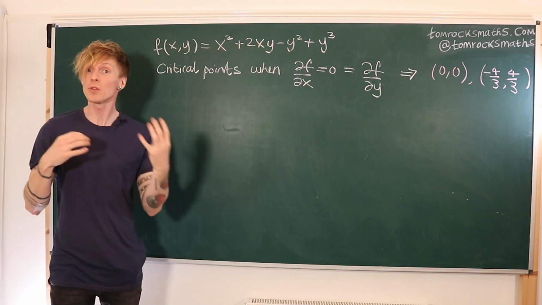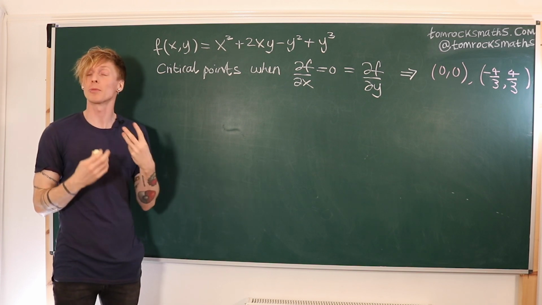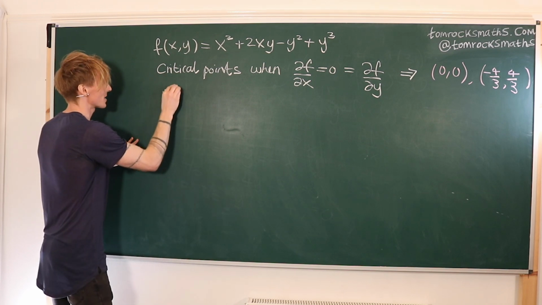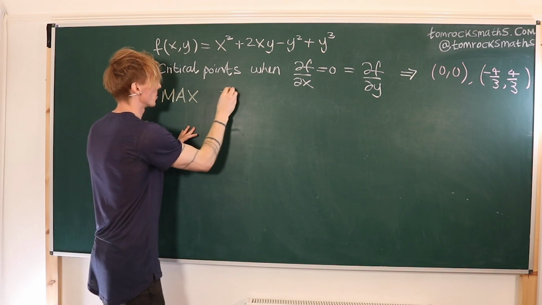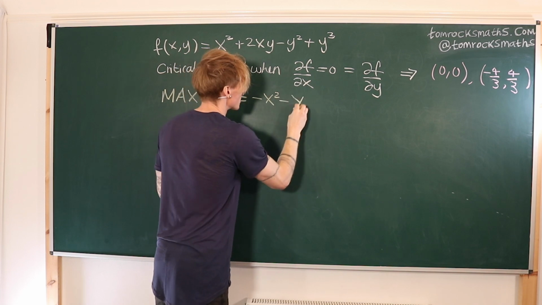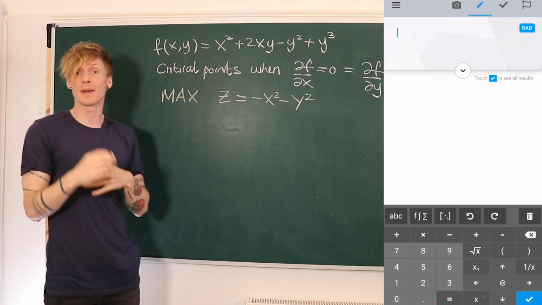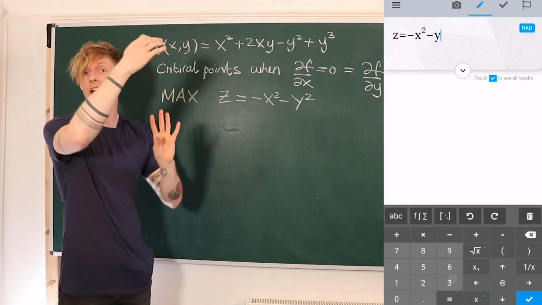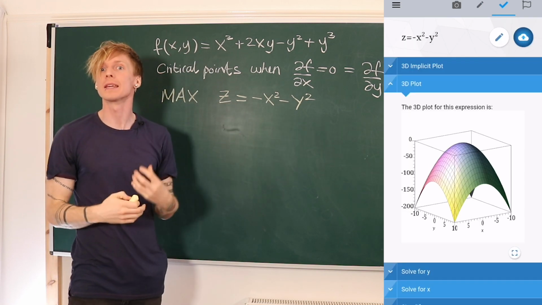For a function of two variables, there are three different types of critical point that we can see. We have a maximum: if you plot z equals minus x squared minus y squared in your Maple calculator app, it will show something that looks like a large hill, and the point at the top, (0, 0), will be your maximum.